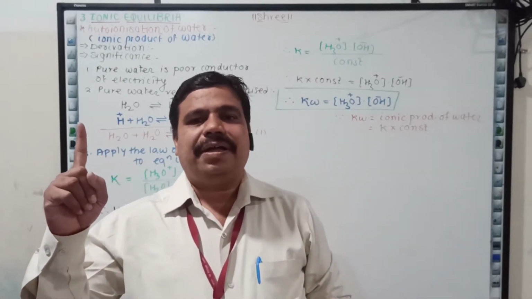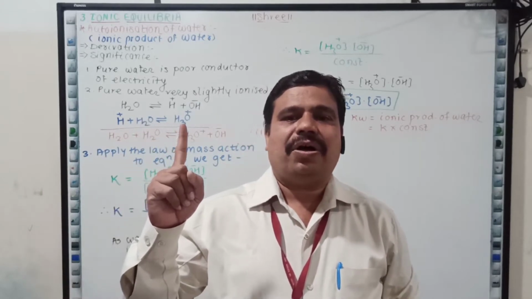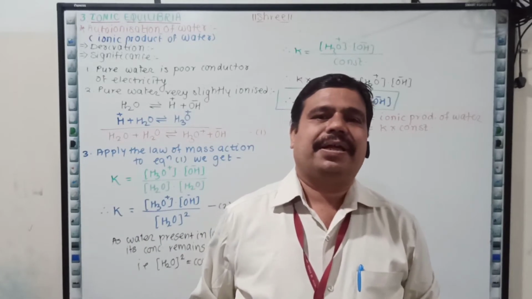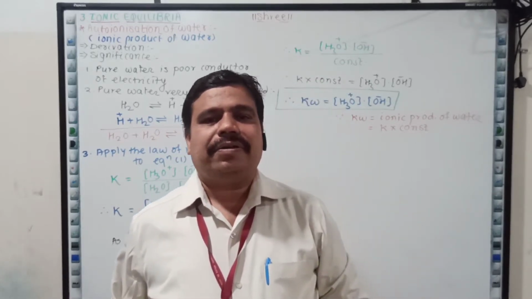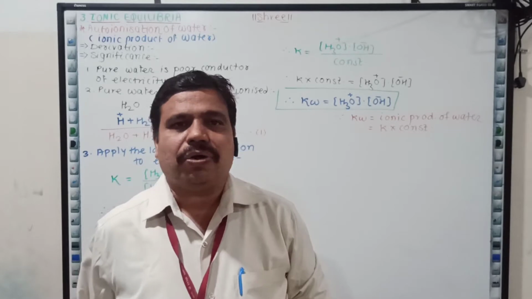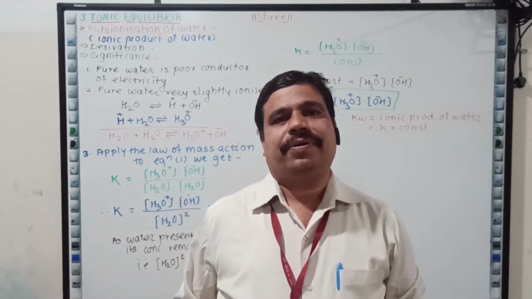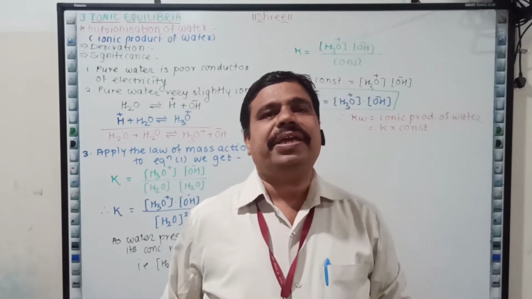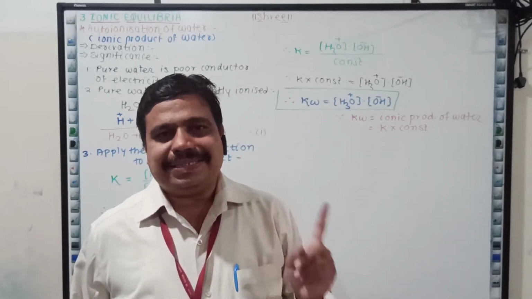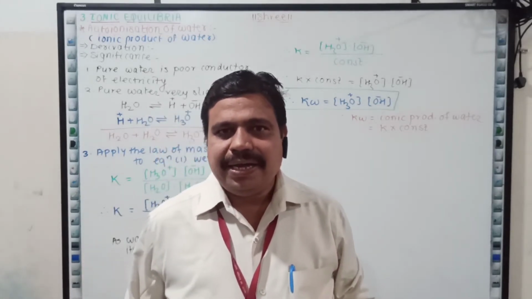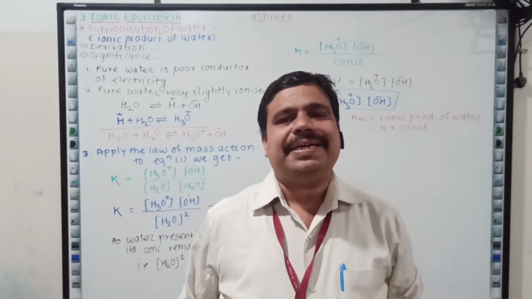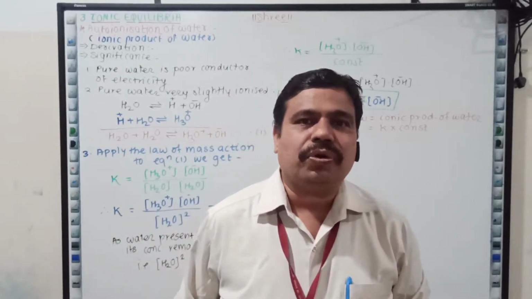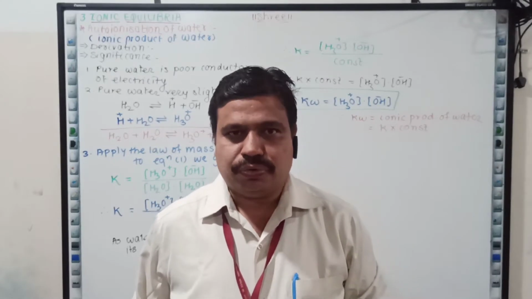First, the acidic, basic or neutral nature of aqueous solution can be calculated with the help of ionic product of water. Now very important first significance, Vidyarthi Mitranno, whether any aqueous solution is acidic, basic or neutral, we can easily find with the help of ionic product of water.